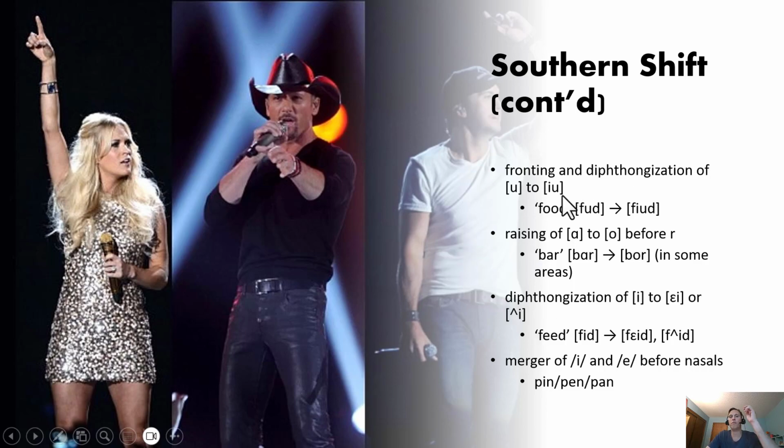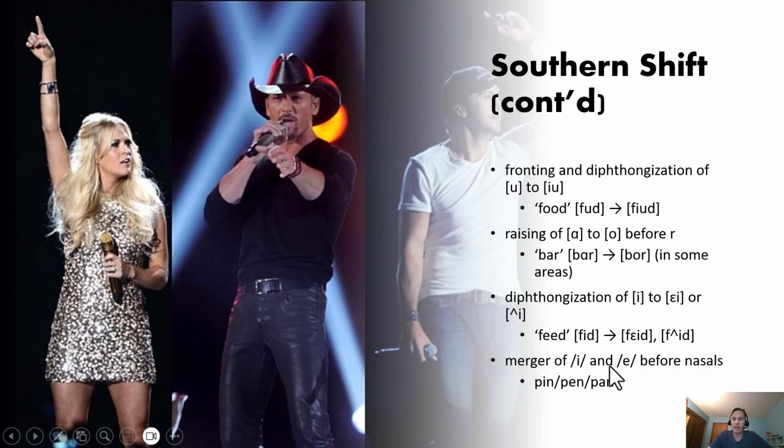Some more features of what's known as a Southern accent include the fronting and diphthongization of "oo" to "ew". So "food". I need some food. Raising of "ah" to "o" before "r", so "bar" becomes "bore". The diphthongization of "I", "fade".